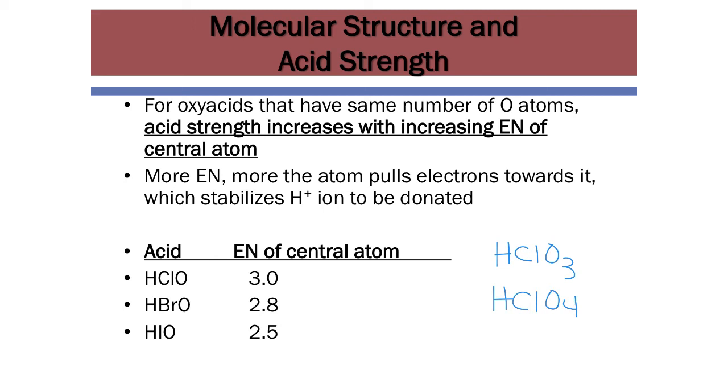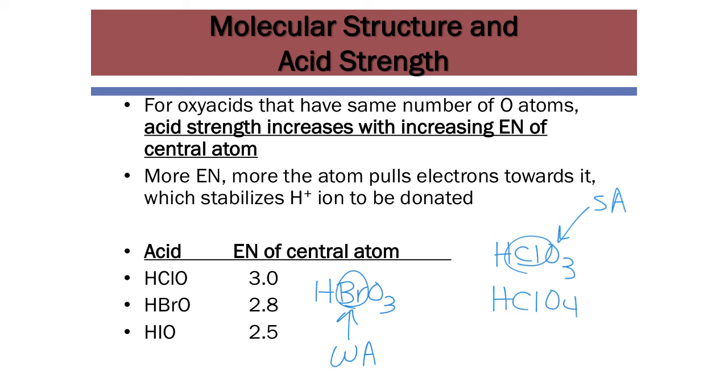But we also have acids like HBrO3, that would be a weak acid, but HClO3 is a strong acid. So your difference is the central atom, the bromine or the chlorine. Chlorine is going to have a higher electronegativity, therefore that will lead it to being stronger.